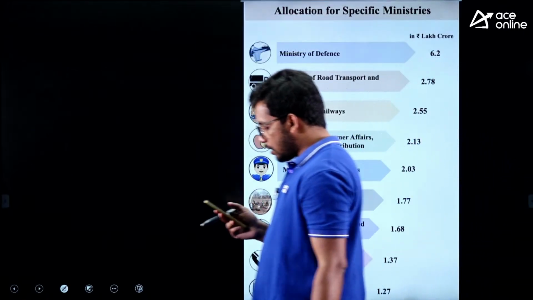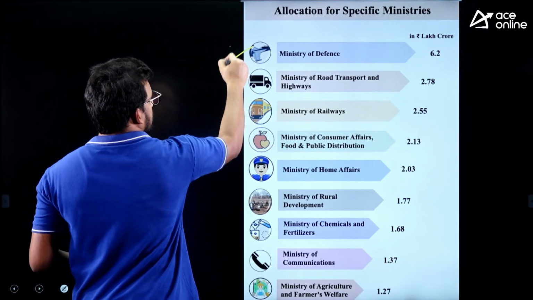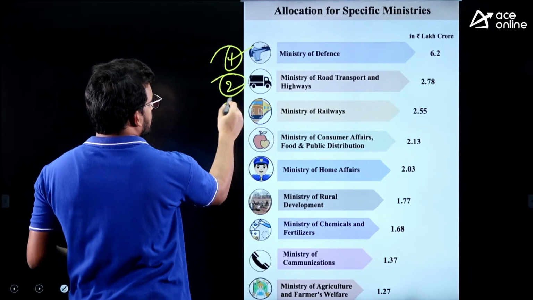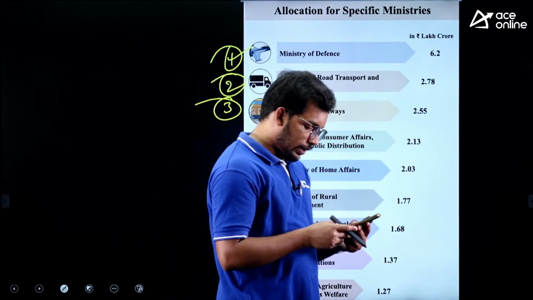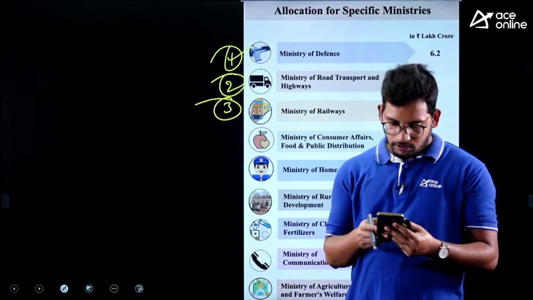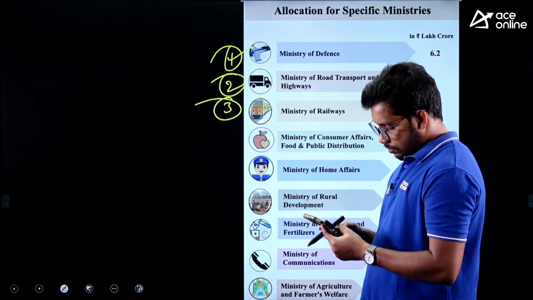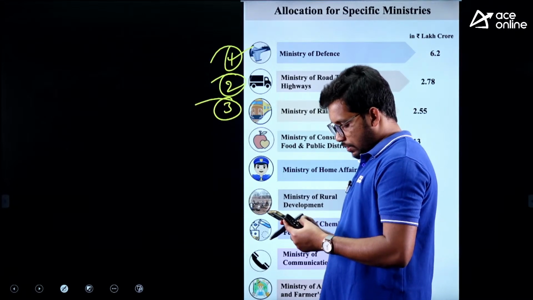You can see again the top three, at least you can remember. Ministry of Defence has the first rank, Ministry of Road Transport second, Ministry of Railways third rank. So the top three you have to remember. Fine. Any answer?